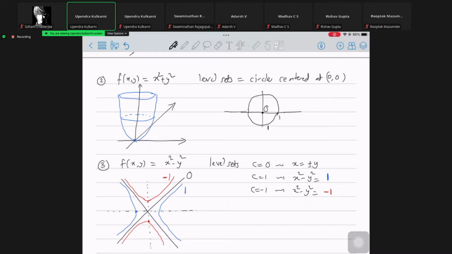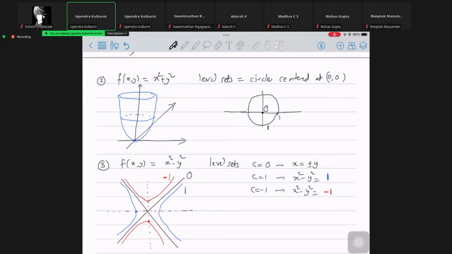So if I travel along the x-axis, what happens? As I start coming from minus infinity, I'm going to have these blue curves, right? But the levels of those blue curves are going to keep on reducing until it comes to the drawn blue curve where the level is 1.